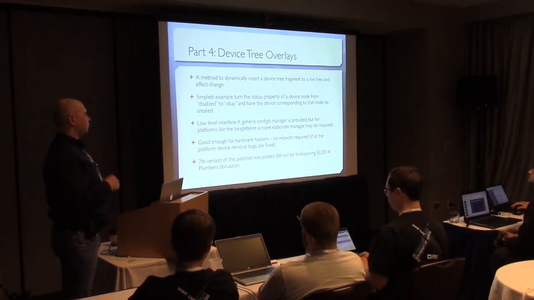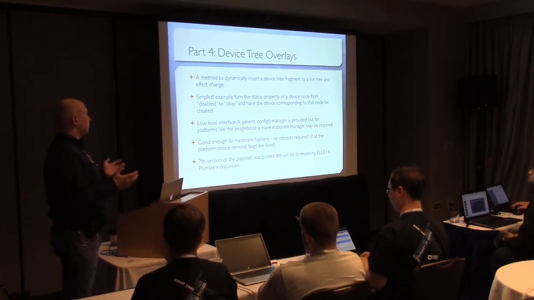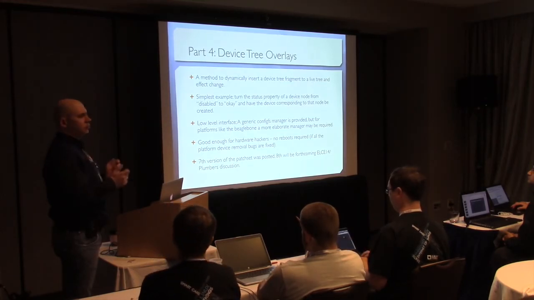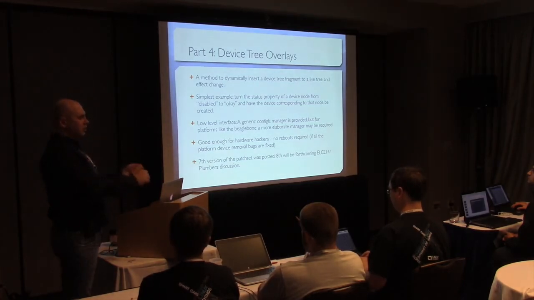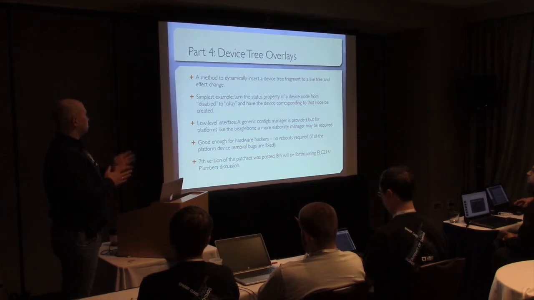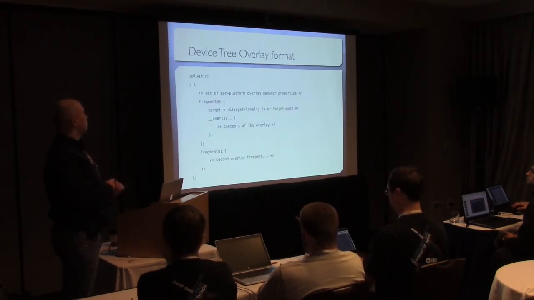But it's good enough for hardware hackers because you don't need to do anything. Just apply an overlay, remove it, make a change to the cape, and then do it again. So actually, after the 7th version, it got in. So now we're in the mainline. So you can use that already.